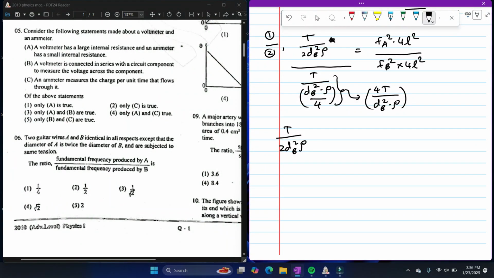I brought this part to here, then this part simplified turns out to be like this. Then turn this upside down because we are dividing, dB squared into rho divided by 4T, and then here 4L squared cancels off. Then rho to rho cancels off, T to T will cancel off.